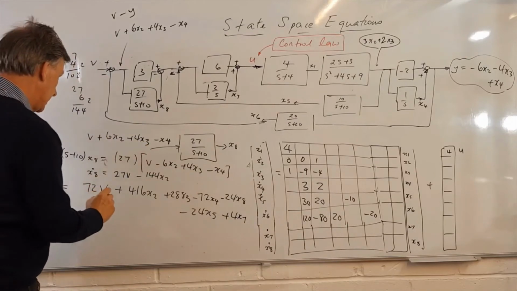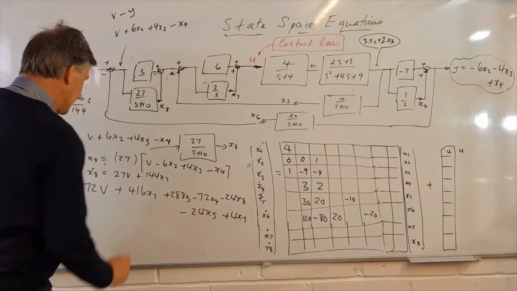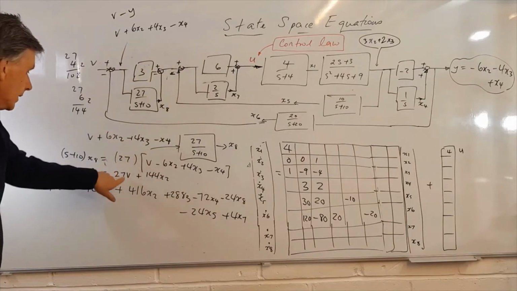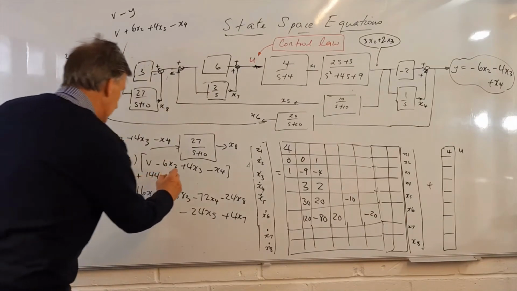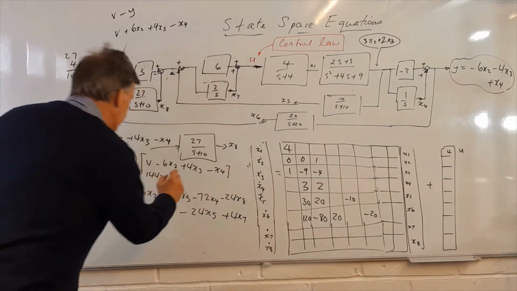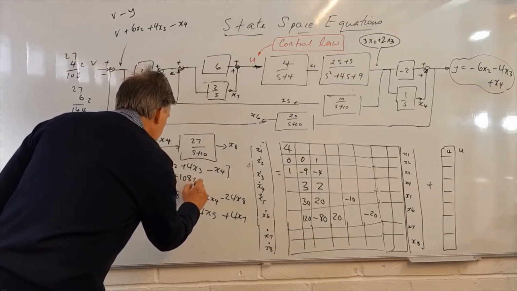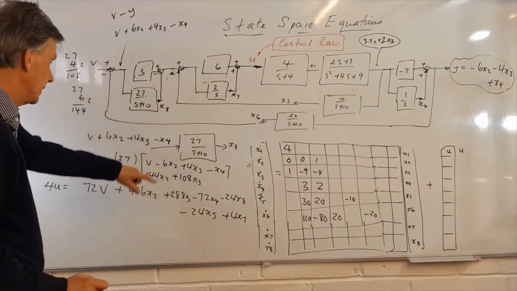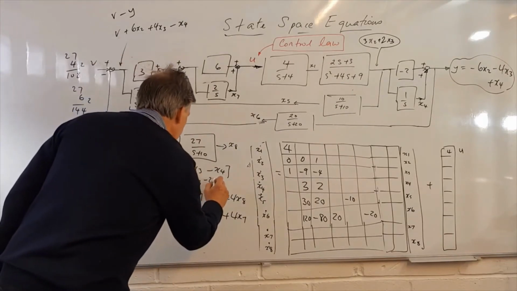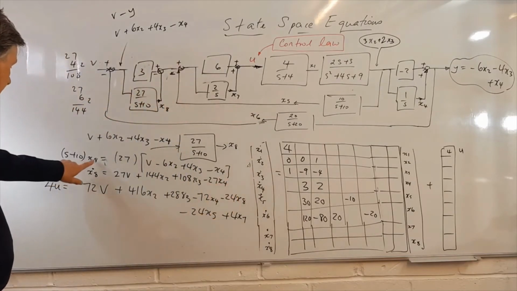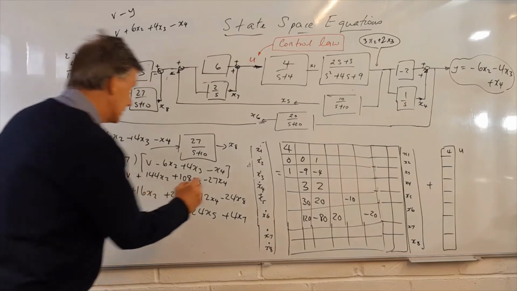That should have been a plus there, sorry. And there's a plus there, so that should have been a plus. Spotted that one. Plus 108x3 and minus 27x4. And then we can bring over 10x8 as well, so this will be minus 10x8.